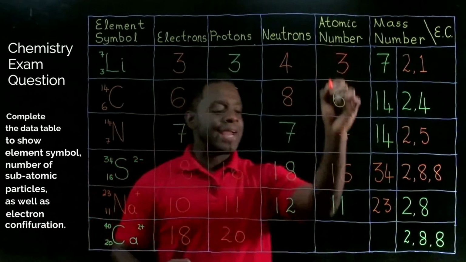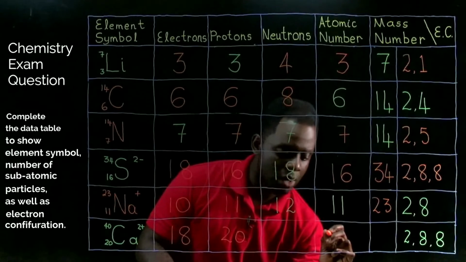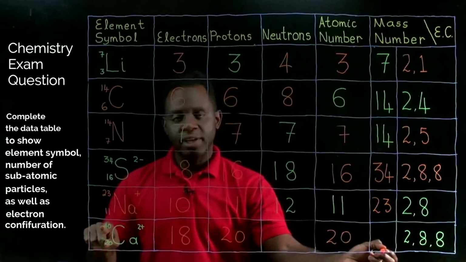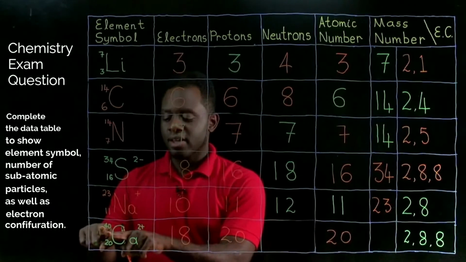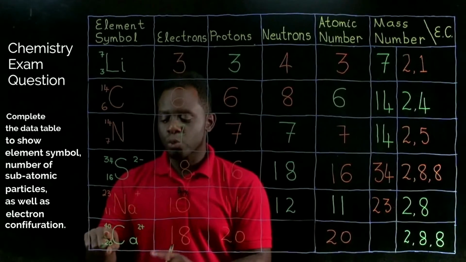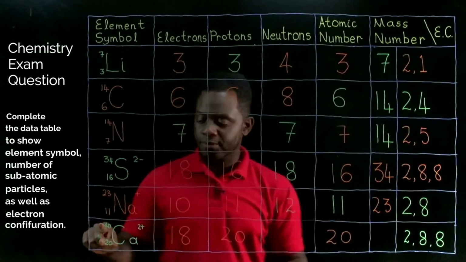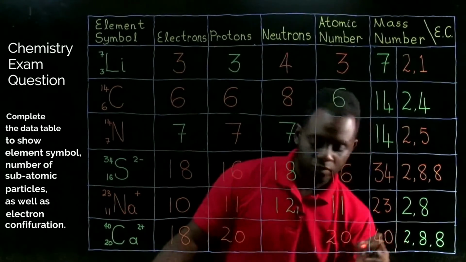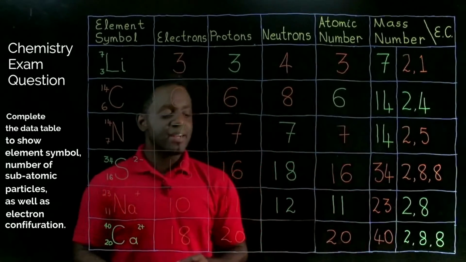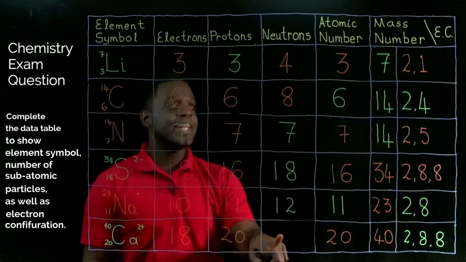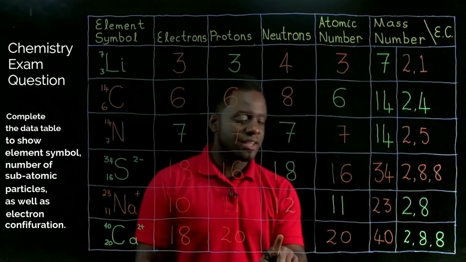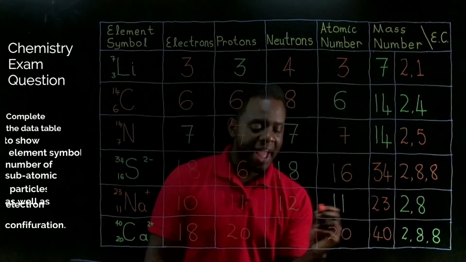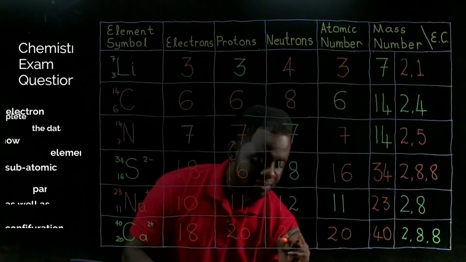So we'll just write 20 under the atomic number column as well. The mass number is 40 as indicated by the number here in the superscript left position. And finally, the number of neutrons, which we can get by simply subtracting the atomic number from the mass number, and that is 20.